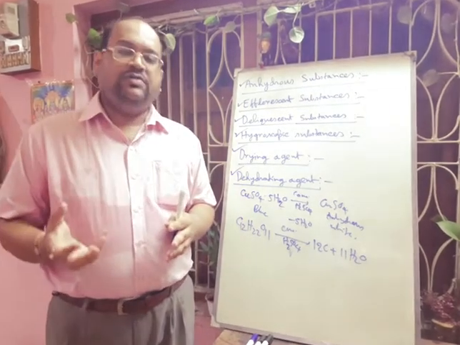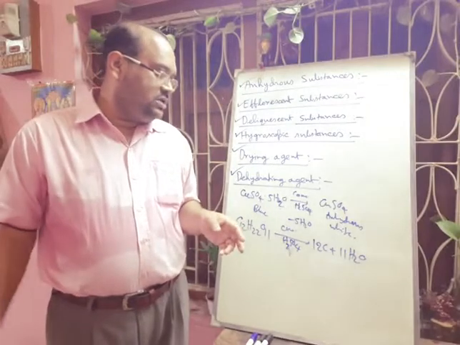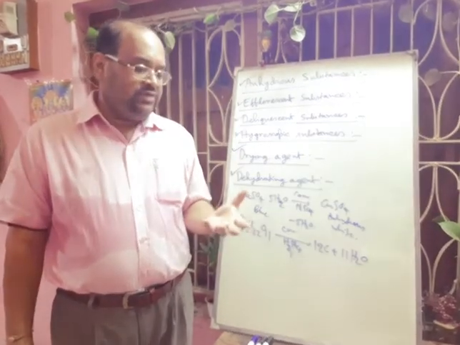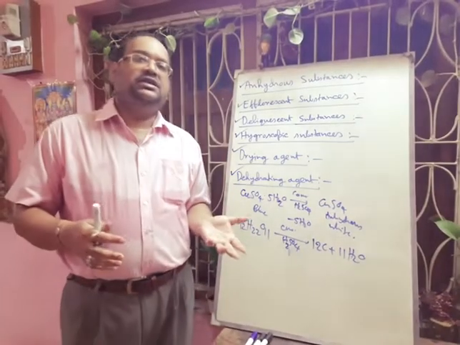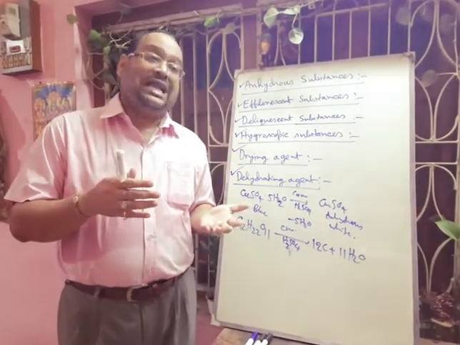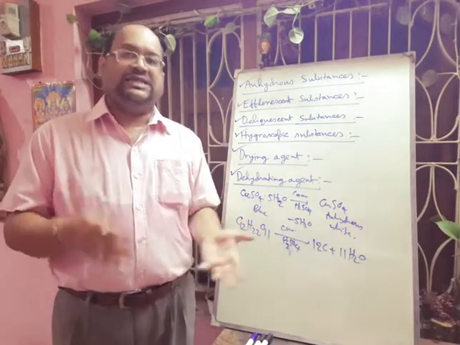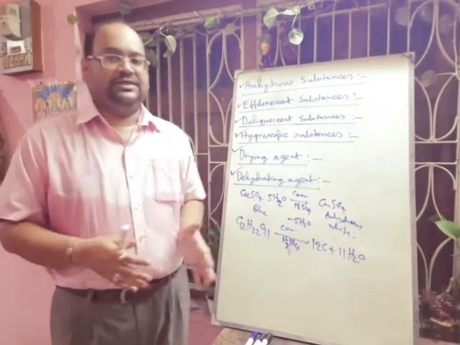Then whatever liquid we get will be almost dry liquid. So in this way we can dry liquids by using anhydrous sodium sulfate or anhydrous magnesium sulfate. Hope you can understand.